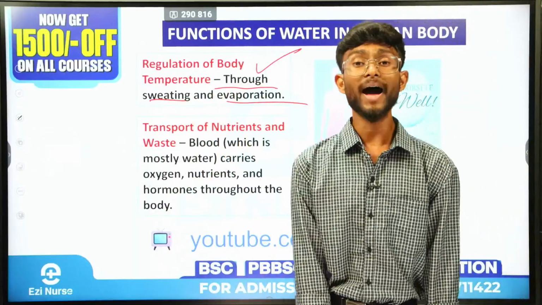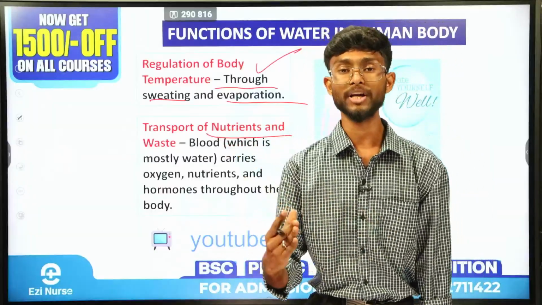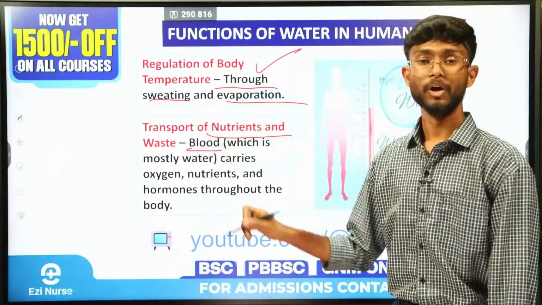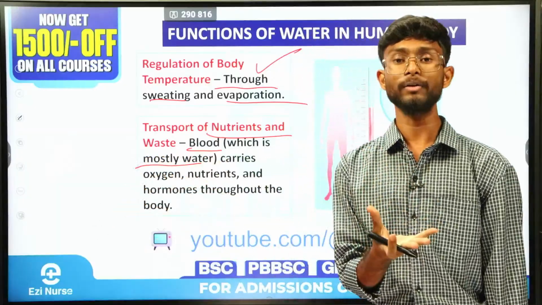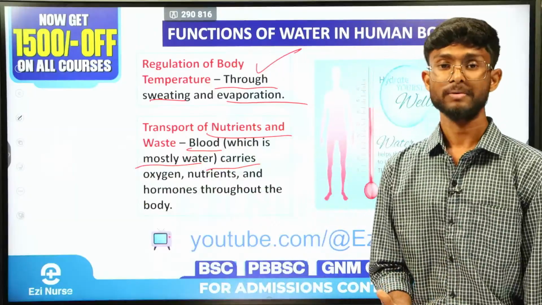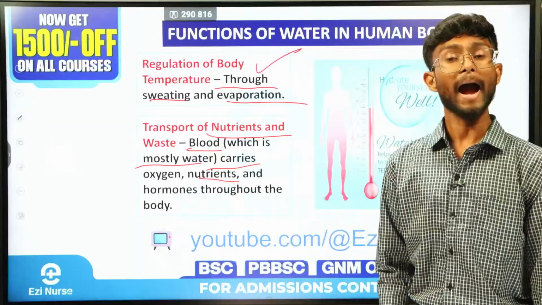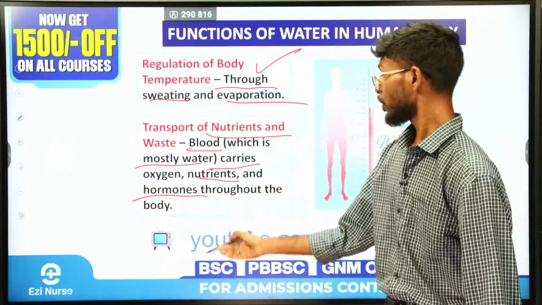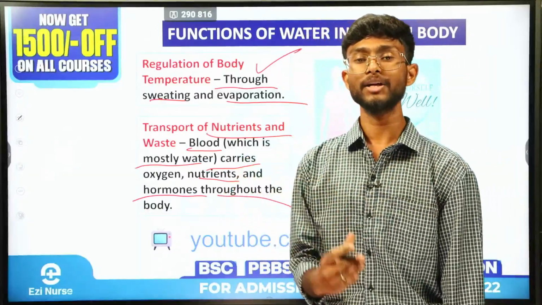Next is transport of nutrients and waste. For transportation purposes, this is very important. How? The blood, which is mostly water in liquid form, carries the oxygen, nutrients and also hormones throughout the body wherever it is required, to all the tissues and cells.